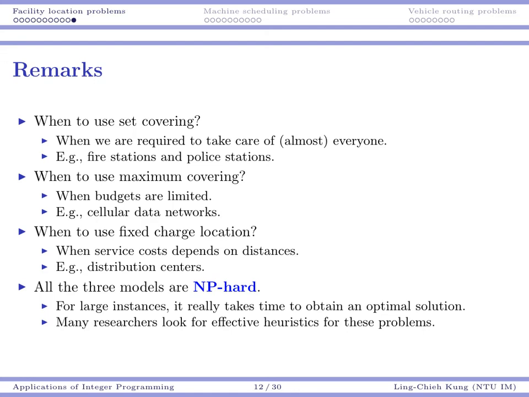Given a facility location problem, as long as you know how to use integer programming to formulate it, it's a good starting point. If your problem is not complicated enough, a solver can solve it. Or if your problem is of too large scale, you can design your own rules or your own ways based on the help of your integer program.